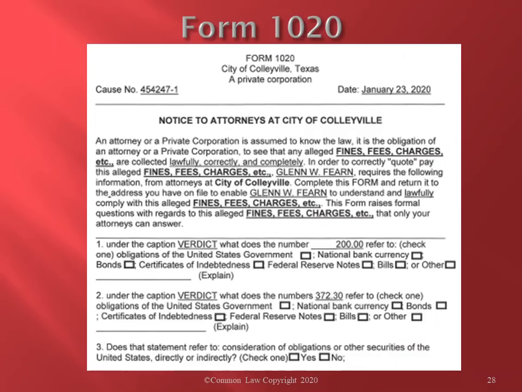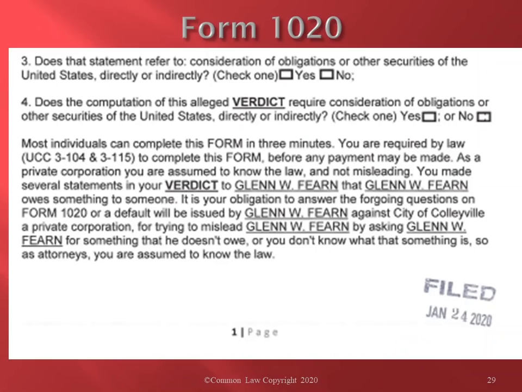Obligations of the United States government, national bank currency, bonds, certificates of indebtedness, Federal Reserve notes, bills, or other. And then number 3, does the statement refer to consideration of obligations or other securities of the United States directly or indirectly? Yes or no? And it continues on this page. Does the computation of this alleged verdict require consideration of obligations or other securities of the United States directly or indirectly? Most individuals can complete this form in 3 minutes.